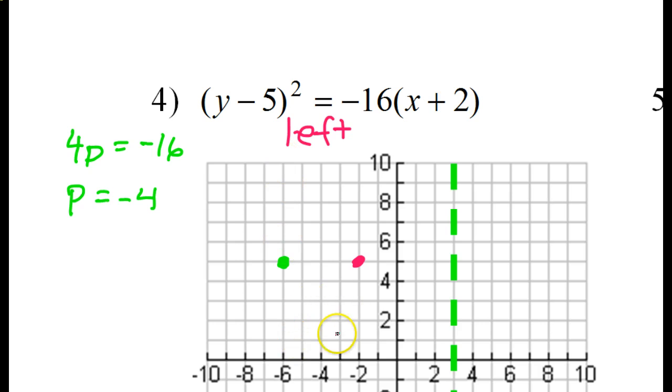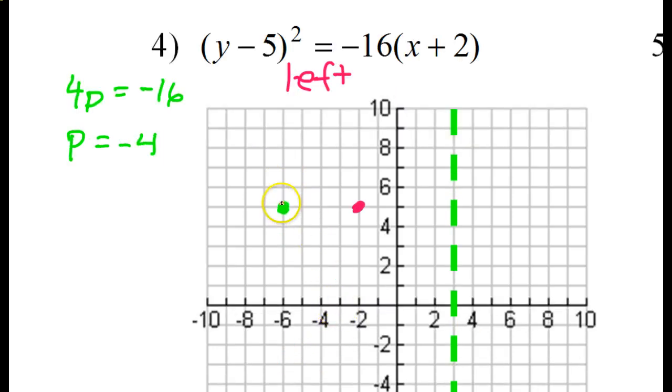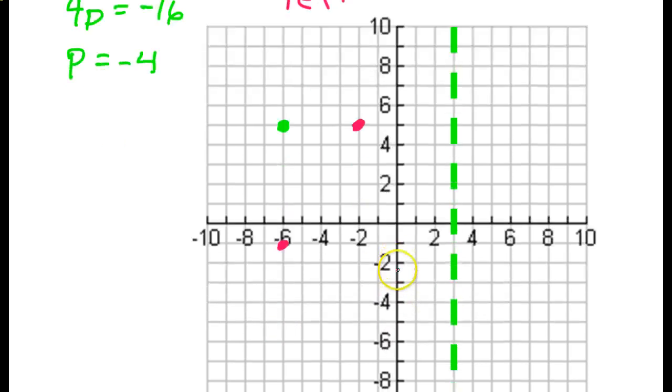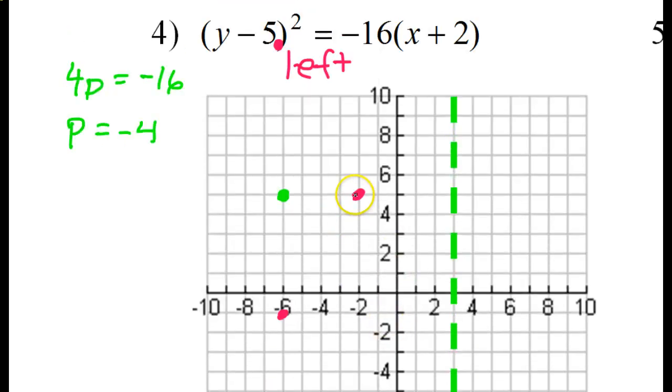So that's going to take me off the grid. All right, 1, 2, 3, 4, 5, 6, 7, 8. Be right about there. I had to go off the grid for this one. That's all right. We've got to be flexible sometimes. Okay, so there's number 4.